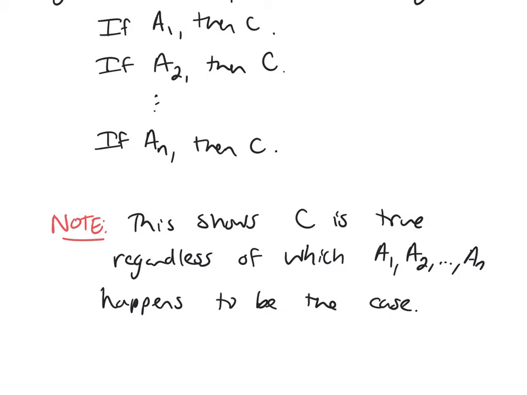So you know, if an or statement is true, at least one of those A's has to be true, but we don't know which one it is. And so that's why you have to break it down into these different conditional statements and prove them. Because then, no matter which one of them was true, we would know C was true.